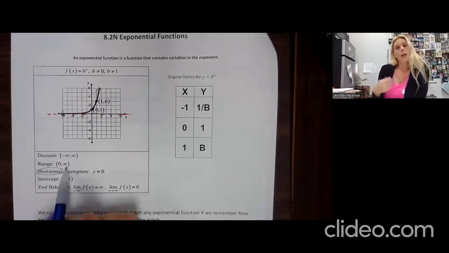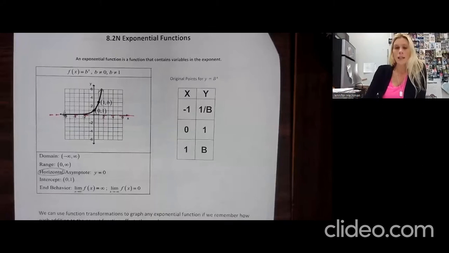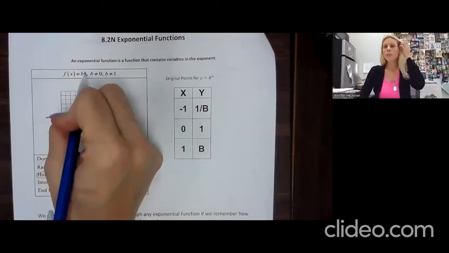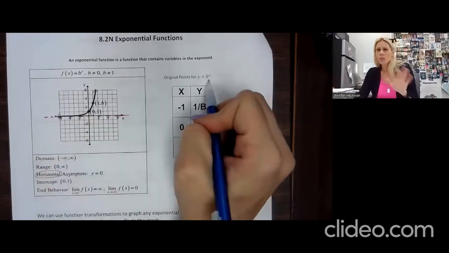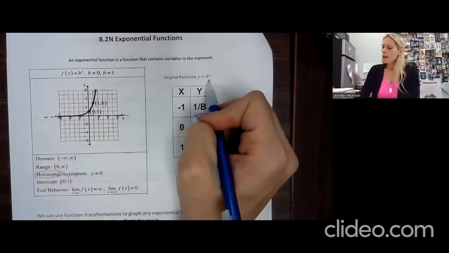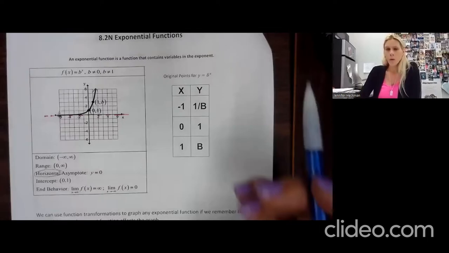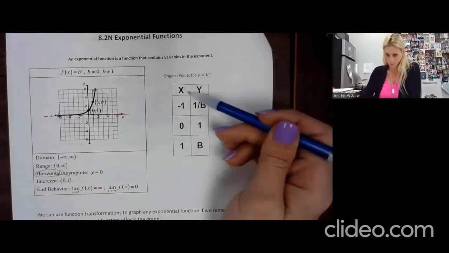So exponential, how do you know it's exponential? Well, it's in the form of b to the x, b being your base. And we're going to keep it as big B, so that way when we do our transformations, we don't confuse little b and big B. All right, so parent function. What happens is our x values, we're going to use -1, 0, and 1.